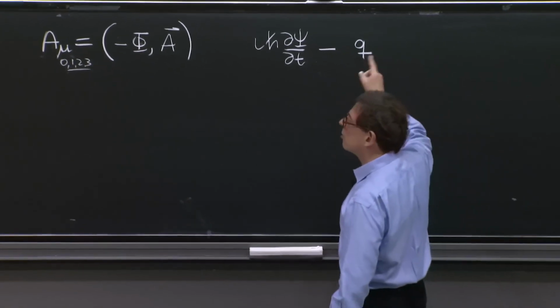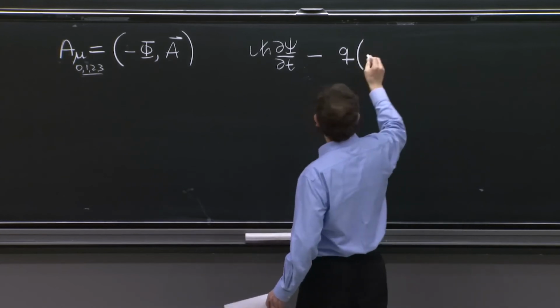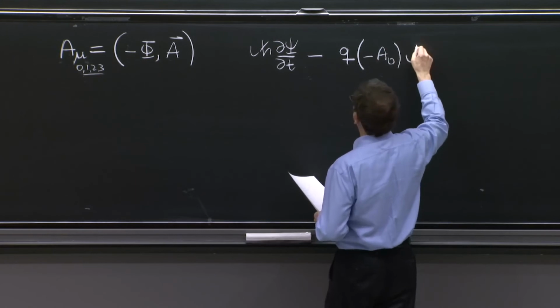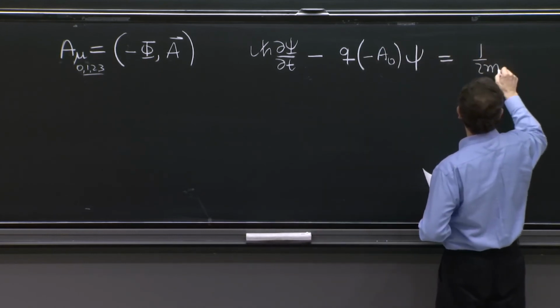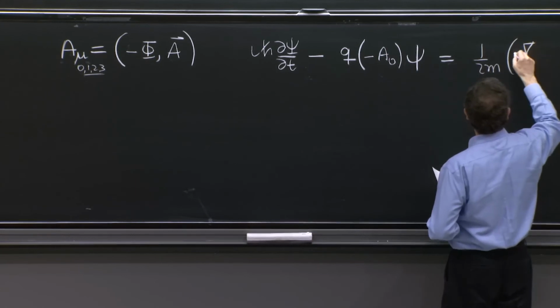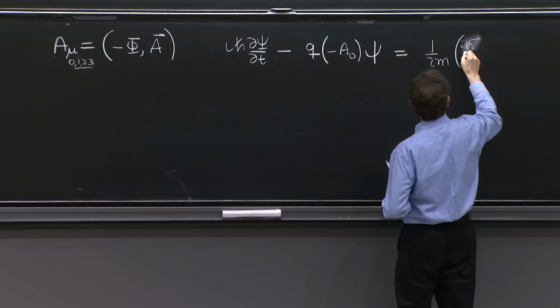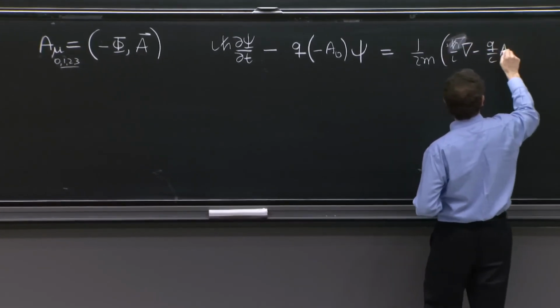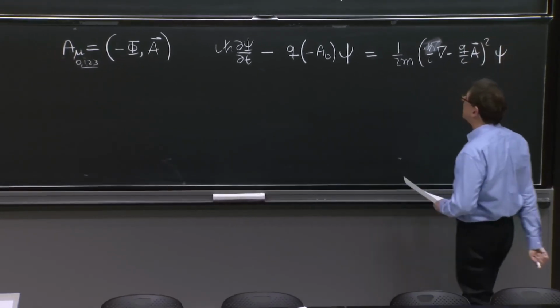So it's minus q times phi, which is minus A0, psi, equal to 1 over 2m, this, h bar over i gradient minus q over c A, squared on psi.